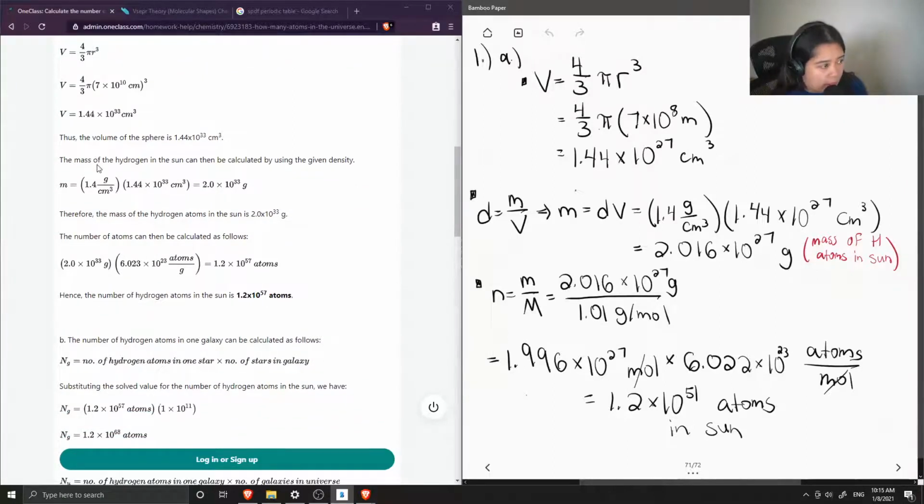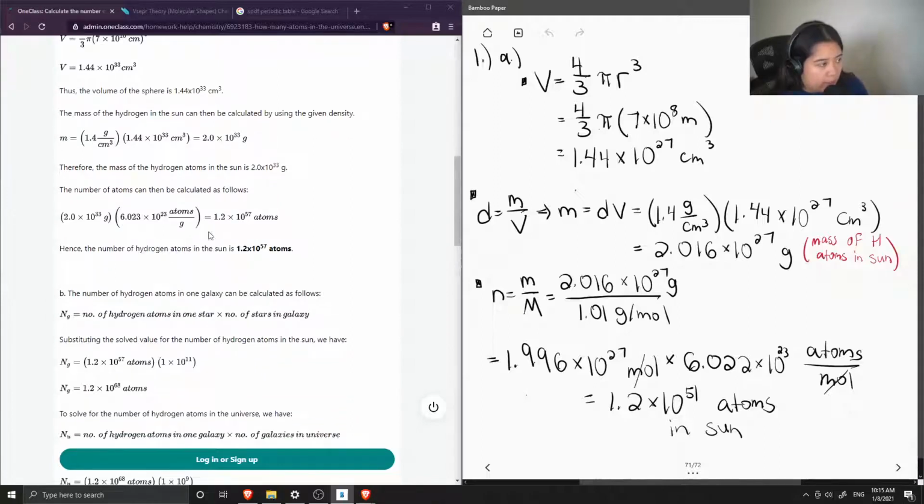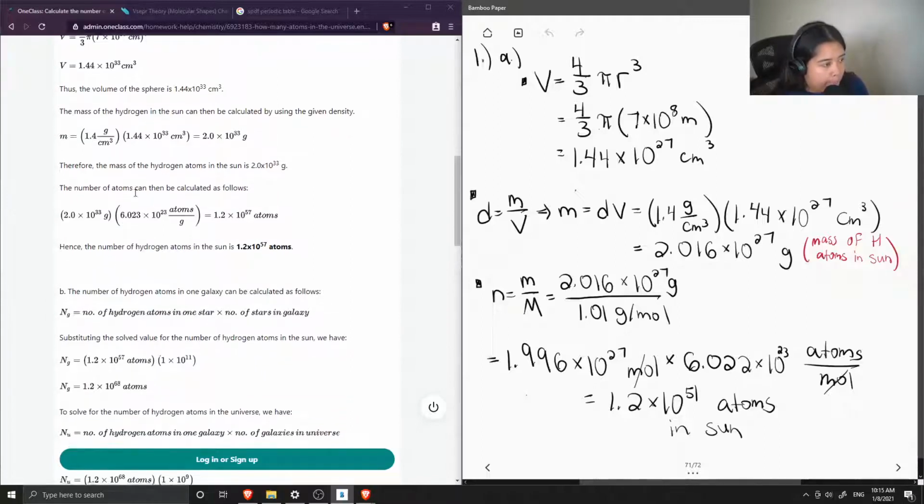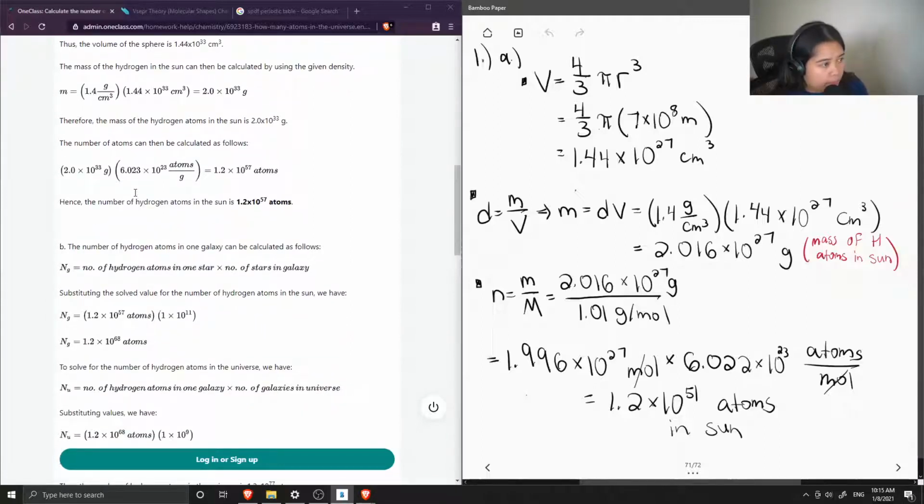The mass of the hydrogen in the sun can then be calculated by using density. So mass is density times volume, and they got 2.0, again, times 10 to the 33, is incorrect. Okay, so now they calculated for number of atoms.